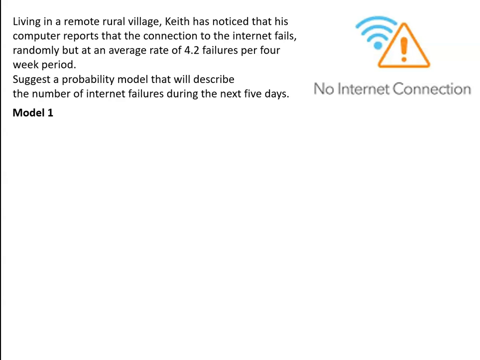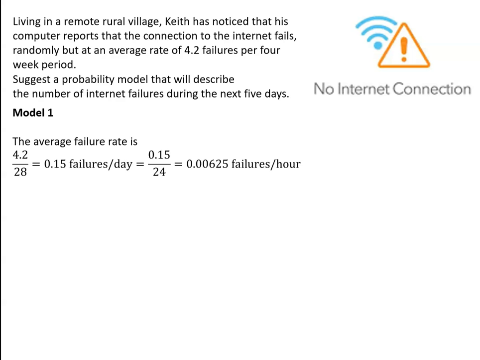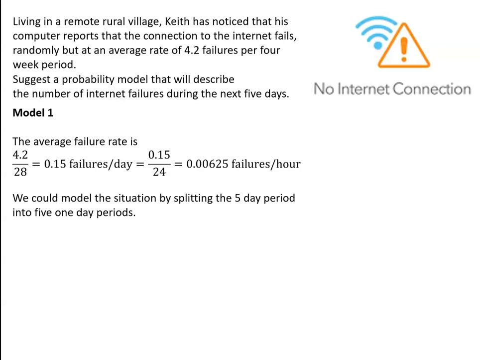So, we might try and improve that model somewhat. We know that the average failure rate is 0.15 failures per day, or 0.00625 failures per hour. What we could do is model the situation by splitting the 5-day period into 5 one-day periods.